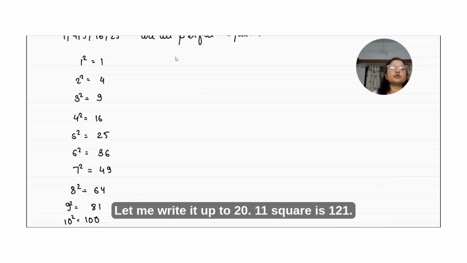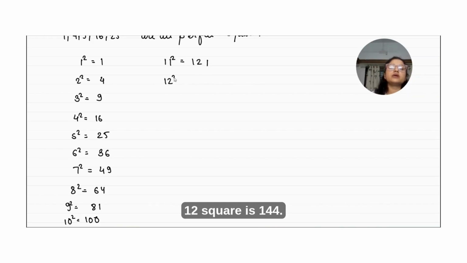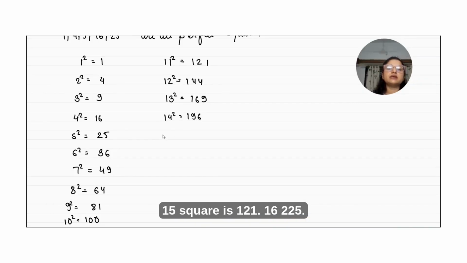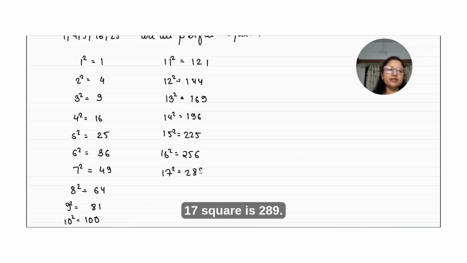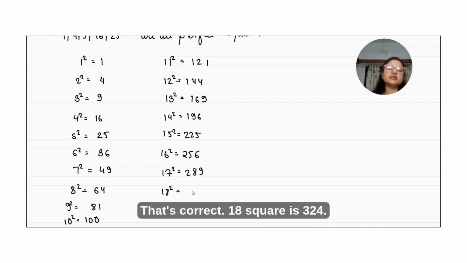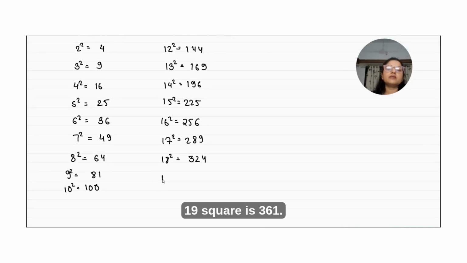Let me write it up to 20. 11 square is 121. 12 square is 144. 13 square is 169. 14 square is 196. 15 square is 225. 16 square is 256. 17 square is 289, that's correct. 18 square is 324. 19 square is 361. And 20 square is 400.